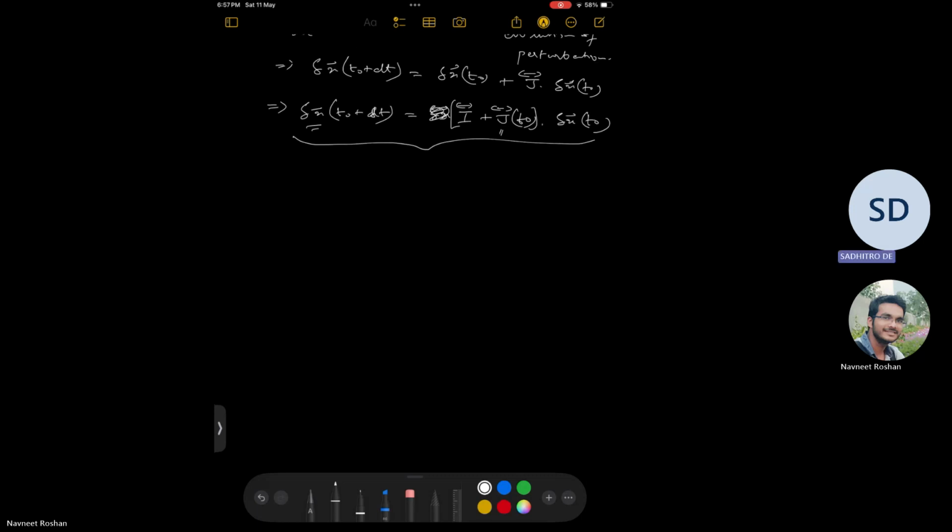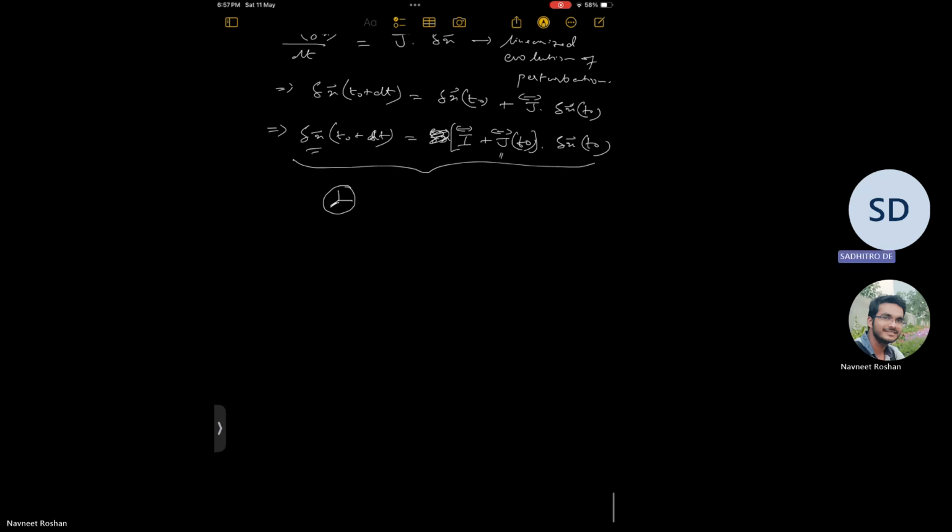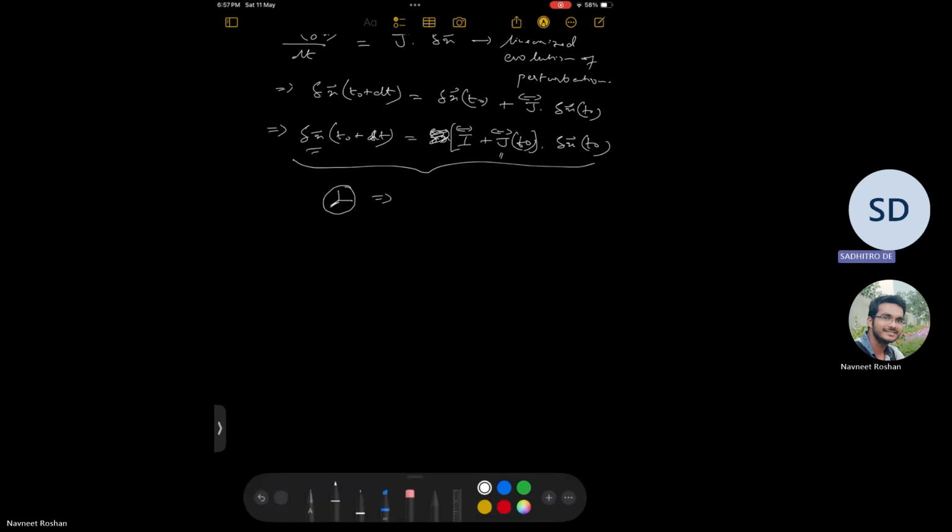So what we do is that we start off with not a single perturbation vector, but a ball of initial conditions whose three vectors, basically n vectors, can span the whole n-dimensional volume. Here we consider a three-dimensional system, so we consider three vectors which span the whole volume. So we take the three vectors in three orthogonal directions.